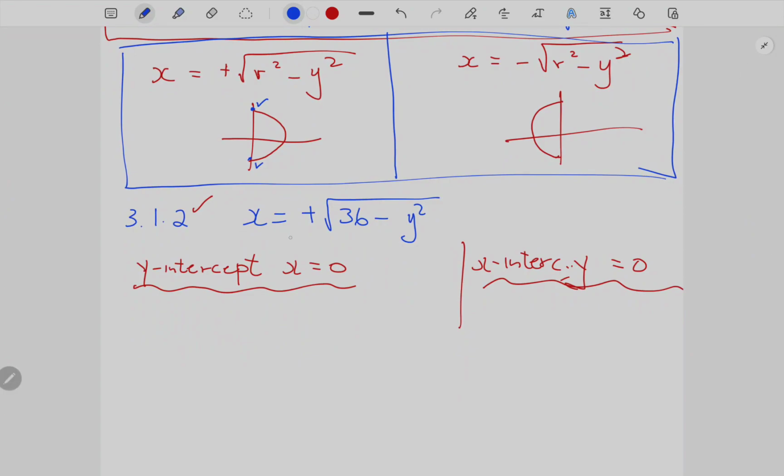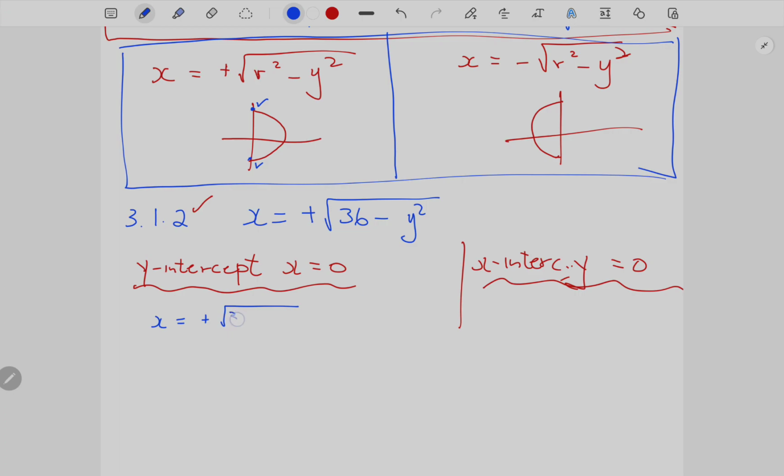Okay, now what is given is 3.1.2, which is x is equal to positive square root of 36 minus y squared. So now we're going to draw the graph where x is positive. Let us start with the y-intercept. You don't need to show, as I was saying, the positive square root.